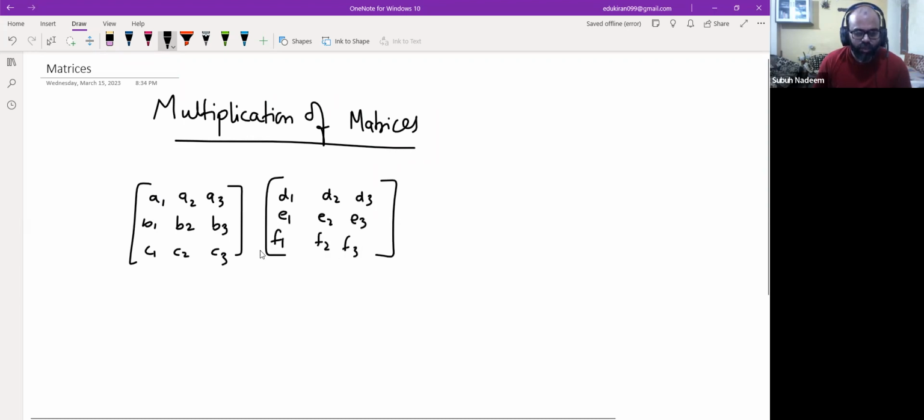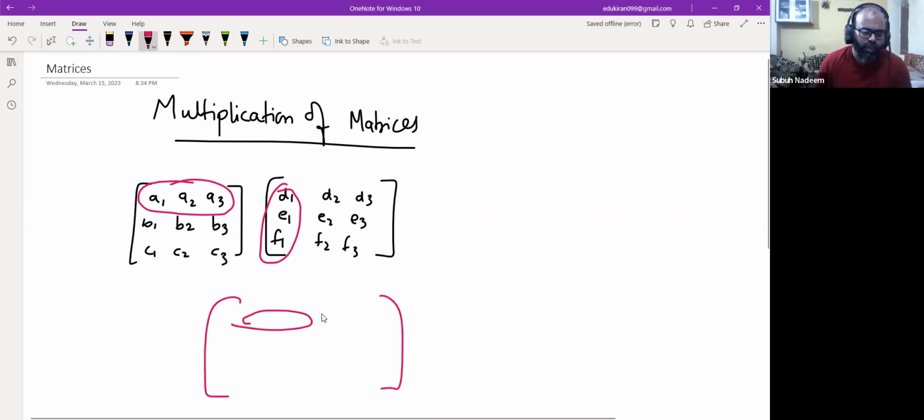I'm just giving you an idea of what we used to do. We take this row and this column and multiply them like A1 D1 plus A2 E1 plus A3 F1, and that becomes the first element here.